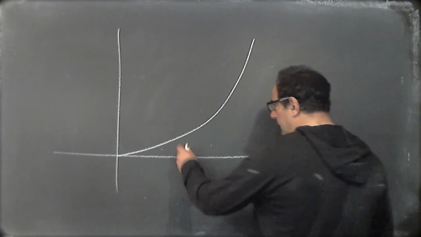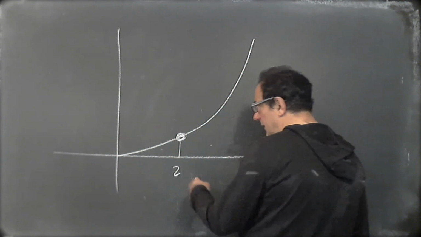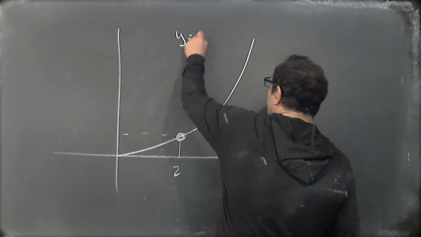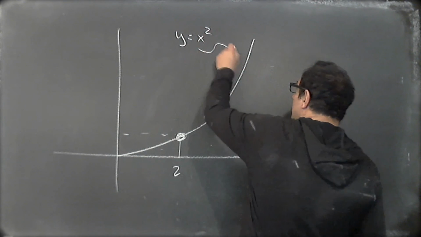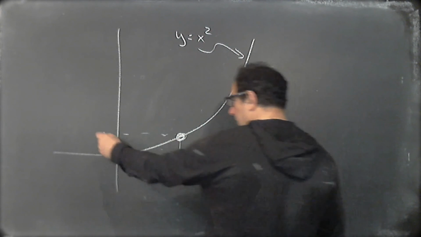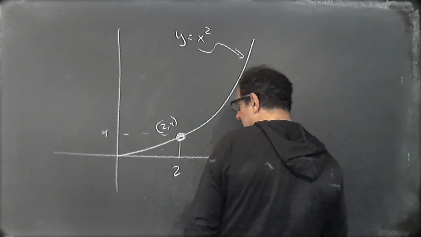So let's pick the point 2 on the x-axis. Of course, the y-coordinate is going to be 4, because if this is the curve y equals x squared, all you do is square the x-coordinate, and we get 4. So here is the point (2, 4).